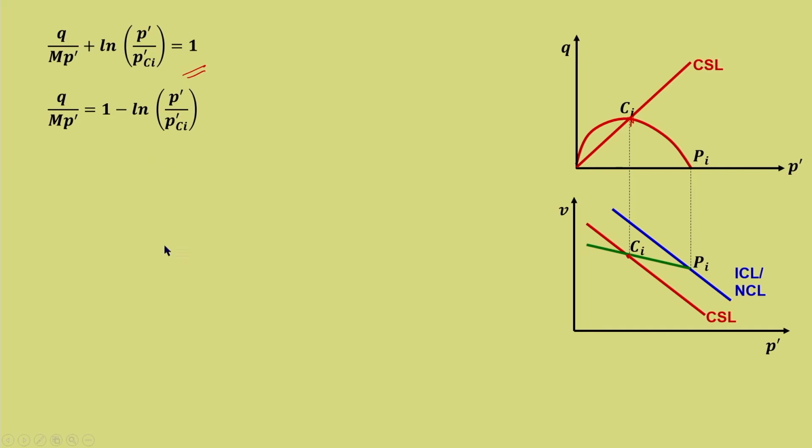Now, q by M p' is equal to 1 minus ln p' by p'Ci. I am just expanding it: 1 minus ln p' plus ln p'Ci. Here you can also designate this particular point as Vf. Why? Because that is the point where the effective stress path would meet, and any point on the critical state line can be considered as the failure point or VCS.